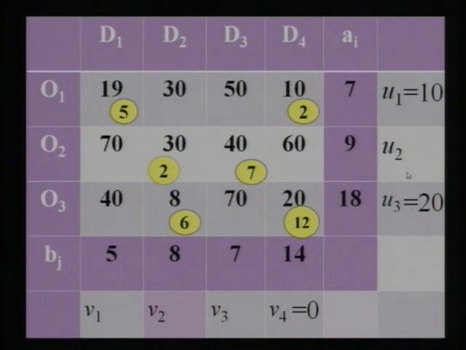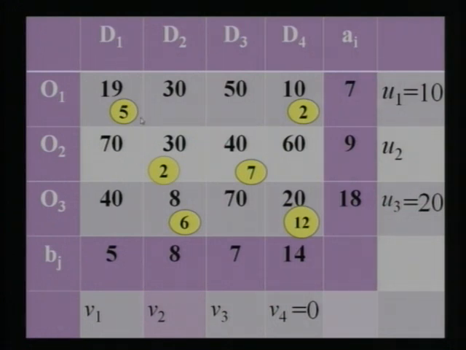Now u2 I cannot calculate using this cell because it is not an occupied cell, it is an unoccupied cell. So we have to find some other occupied cell where we can calculate something, v1, v2, v3, anything. So you have to observe and find. Now what can be done? See, this u1 is 10, that is given. This is an occupied cell in this particular row, and v1 is not calculated. So of the 3 unknowns, 2 are known, so we can find the remaining one.